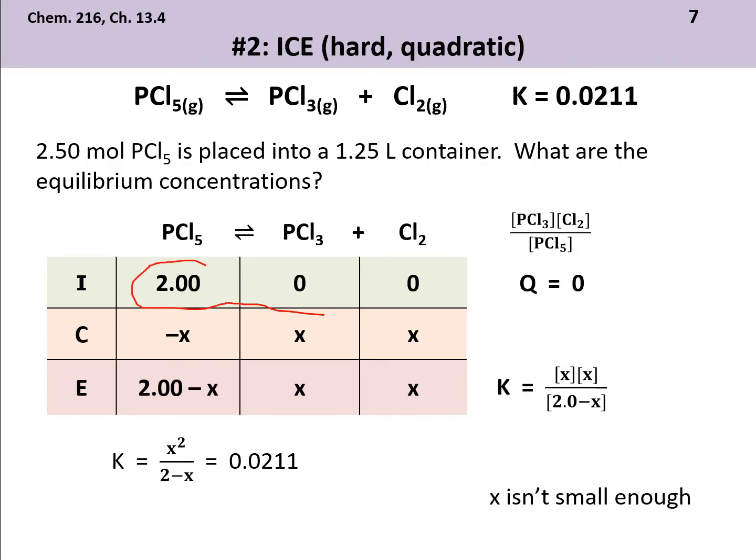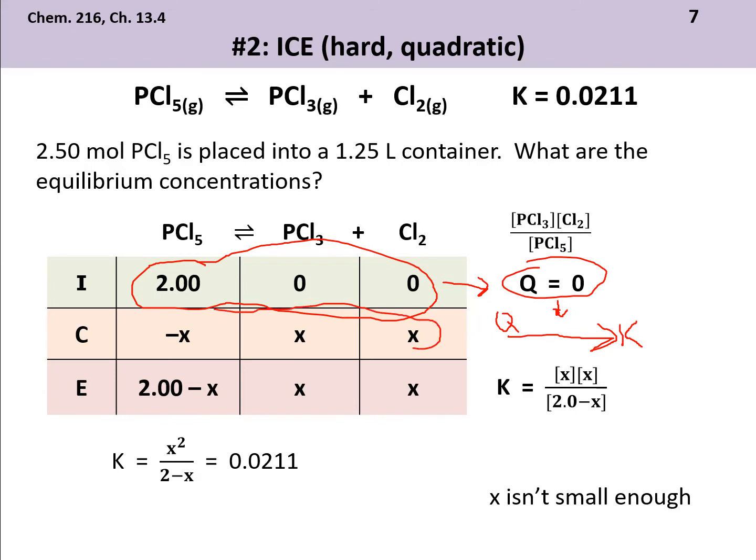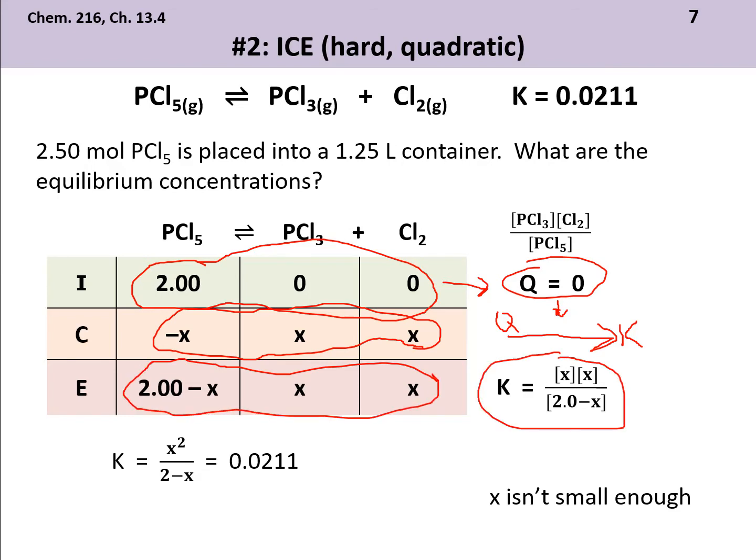We start off with our initial, we find Q. Then we determine the shift, in this case to the right from Q to K. Then we get our changes, then our equilibrium, and then we plug that into K.